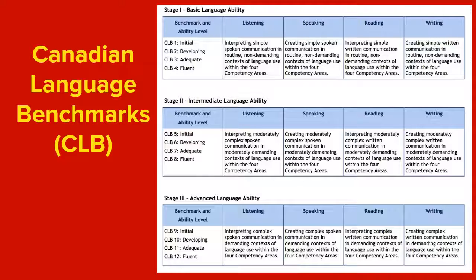It's quite a complex scale, but this scale was developed primarily to help immigrants to Canada develop English or French proficiency. And so they wanted to provide teachers and government agencies with the ability to understand what learners of the language can do, and what they need to do to be successful in different parts of their life.